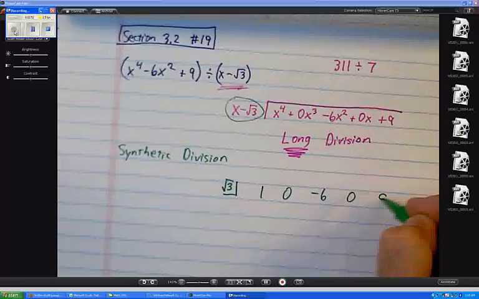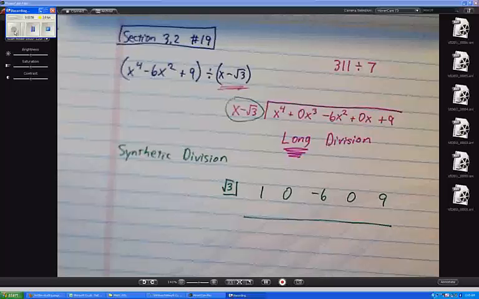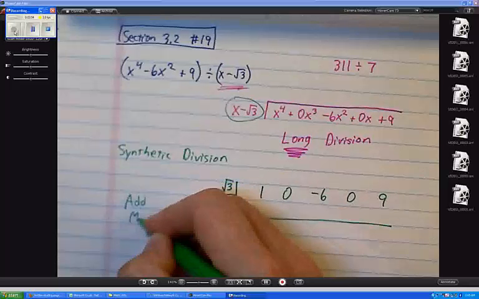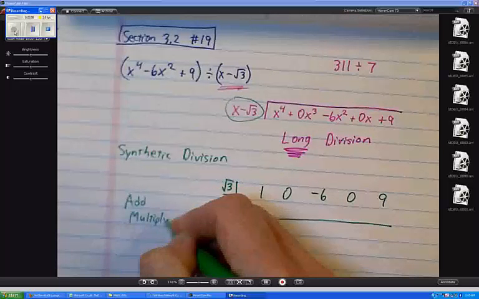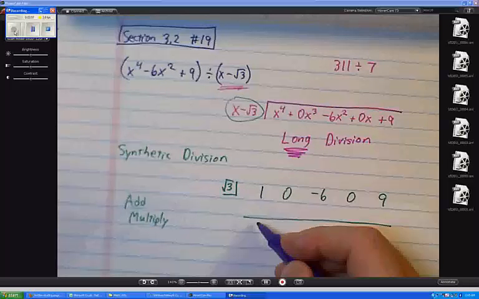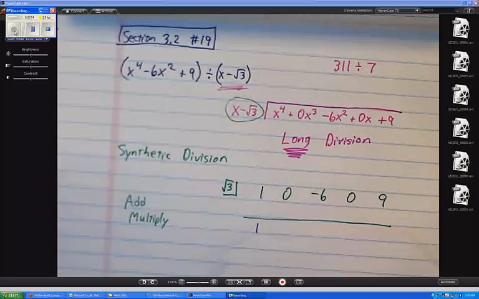And I'm going to draw a line right here. And it's very simple now. I'm going to add and multiply, add, multiply, over and over again. Watch how this works. What's 1 plus 0? Nice job. 1. I added. What's the next step? Multiply.